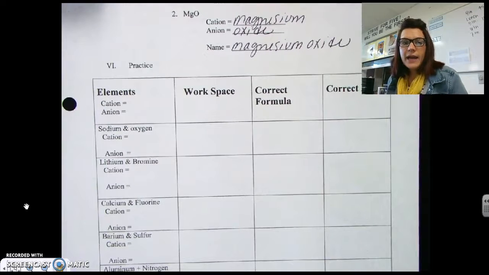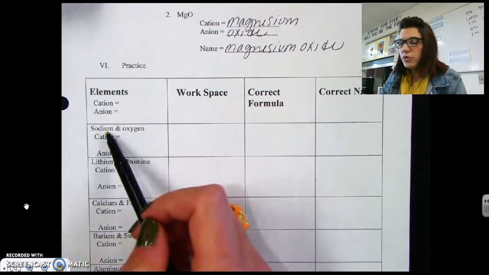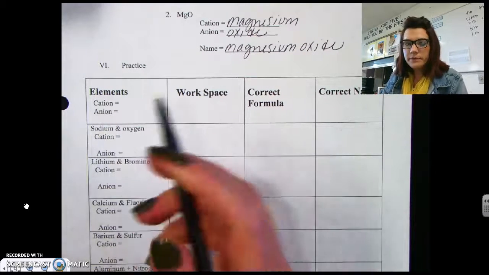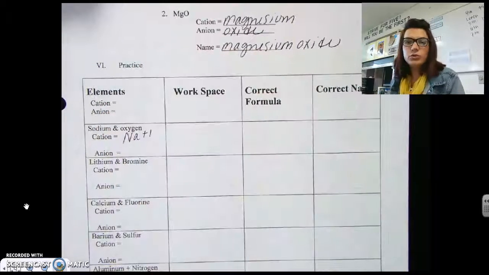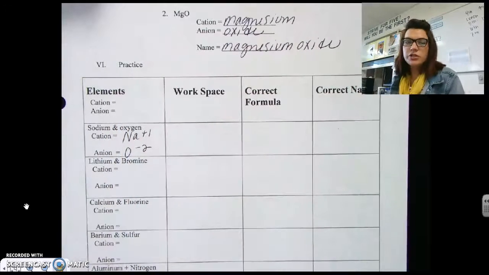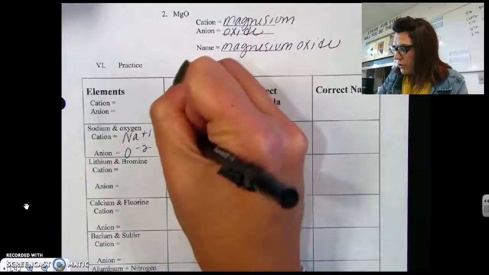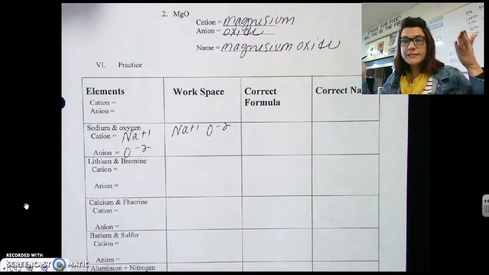So I'm going to do the cation, the anion, write the formula, and then name it. Okay? So let's look at the first one. Sodium is my cation because it's my metal. Sodium has a +1 charge because it's in group 1. Oxygen has a -2 charge because it's 2 electrons away from neon. Okay? So Na+1 and O-2. Do the charges cancel?